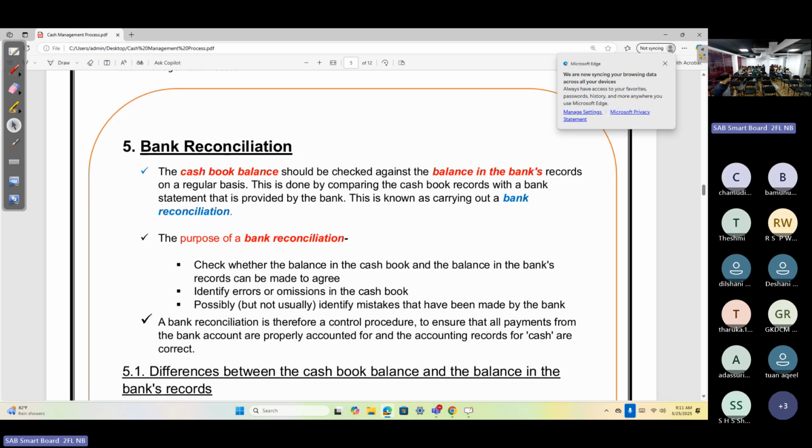Simply, we can say the bank statement balance records on a regular basis. It is done by comparing the cash book records with the bank statement that is provided by the bank. It's known as bank reconciliation.